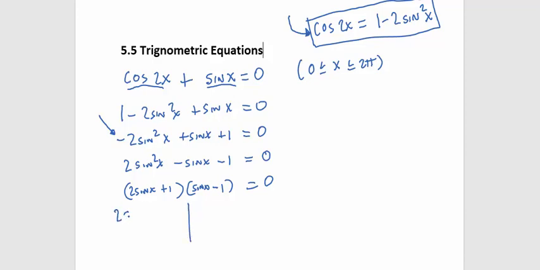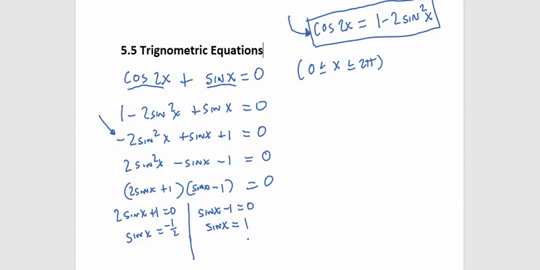So I'm going to say 2 sine of x plus 1 equals 0, and then sine of x minus 1 is equal to 0. Here I would subtract 1 and divide by 2, so we're looking at sine of x equal to negative 1/2. Here I would just add 1 to both sides, so I'll have sine of x is equal to positive 1.